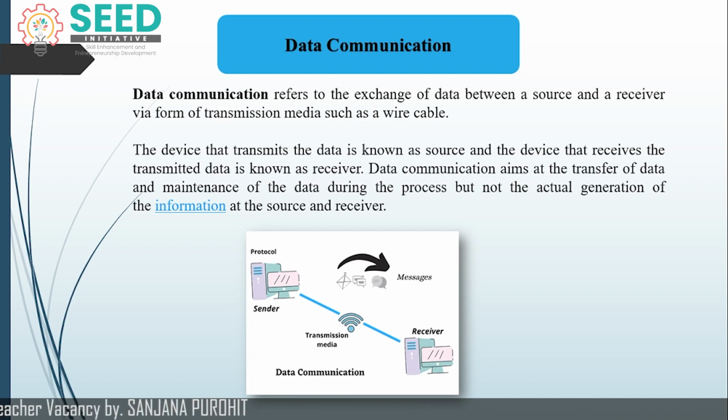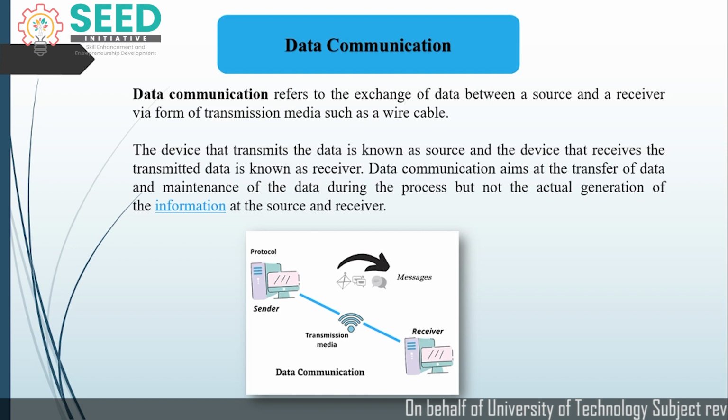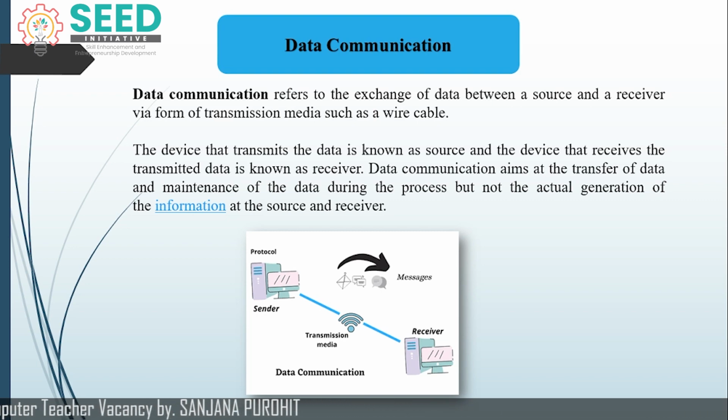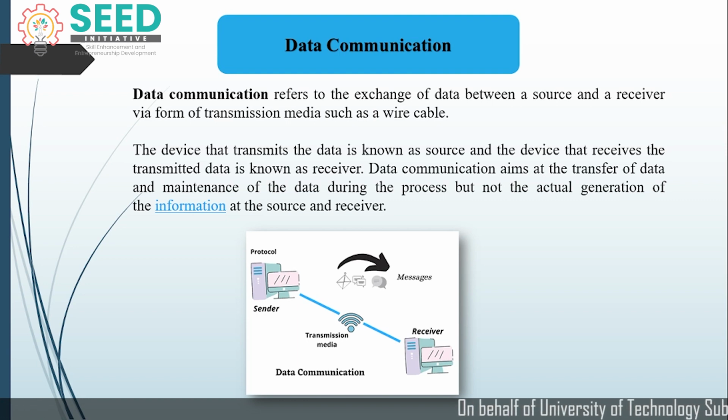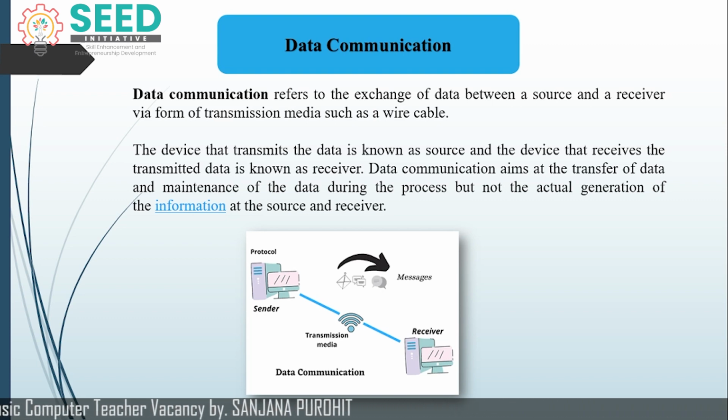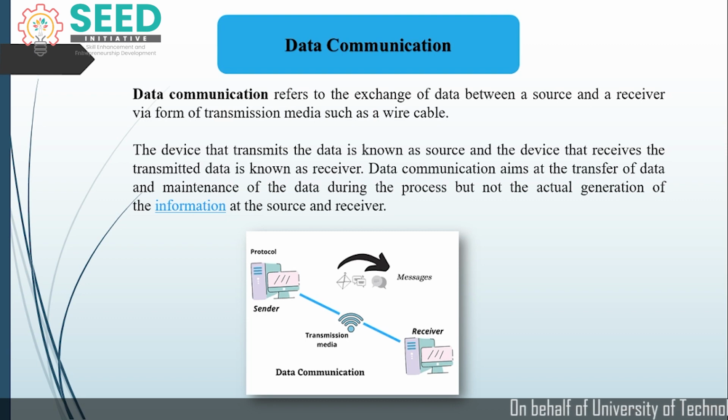The device that transmits the data is known as the source, and the device that receives the transmitted data is known as the receiver. Data communication aims at the transfer of data and maintenance of the data during the process, but not the actual generation of the information at the source and receiver.